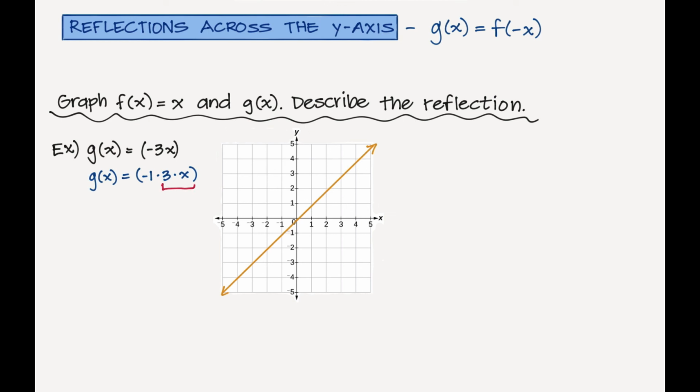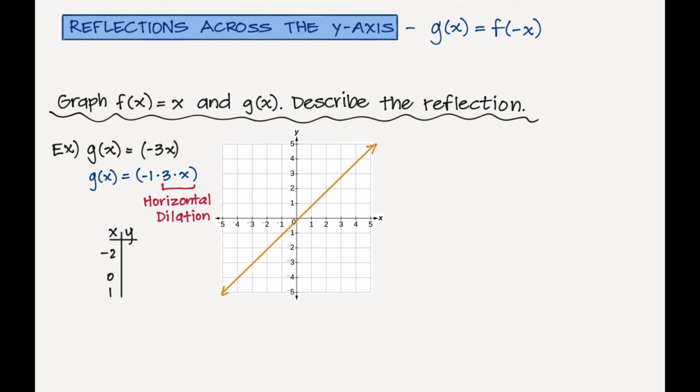So that 3 times x we learned before is a horizontal dilation.